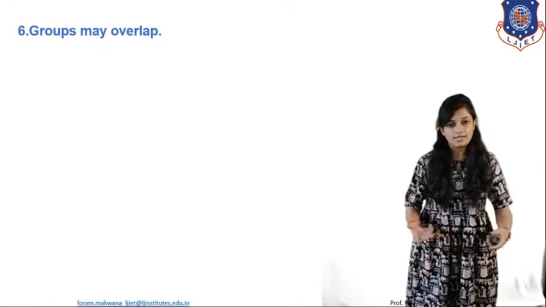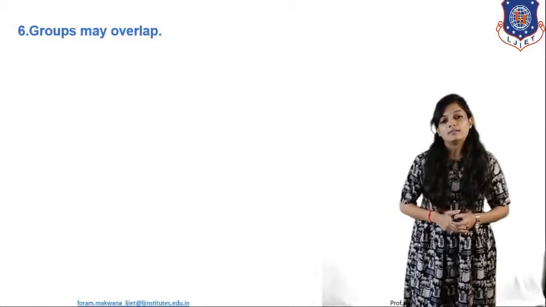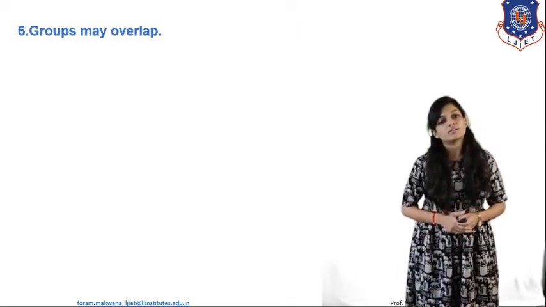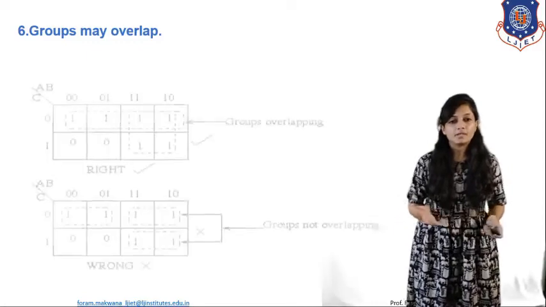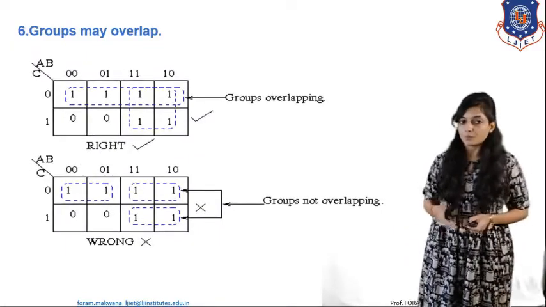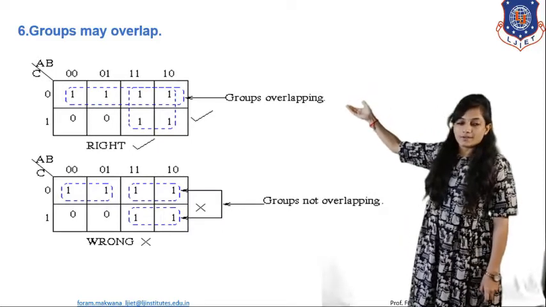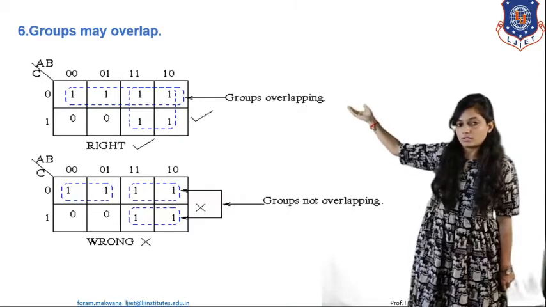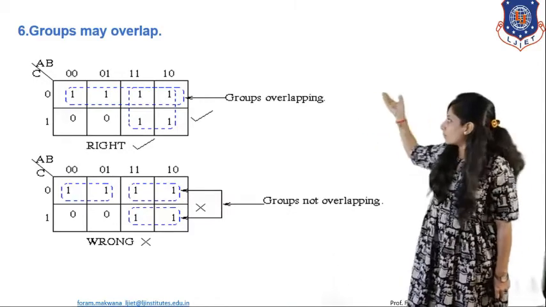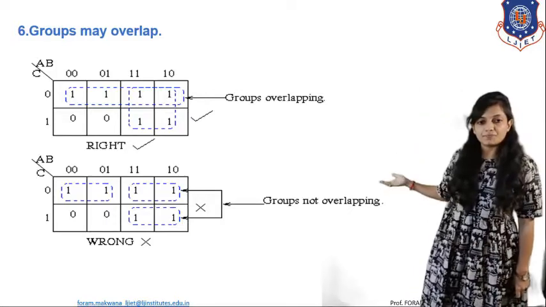Last, in the 6th rule, which is the most important, groups may overlap. It is fine. How? In the first K map, you can see this is the right one. That means the groups may overlap. We have made a group of 4 ones, horizontally and vertically, right?